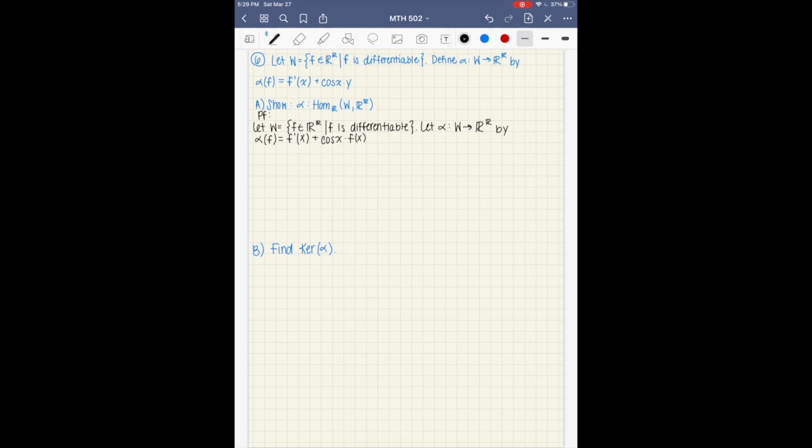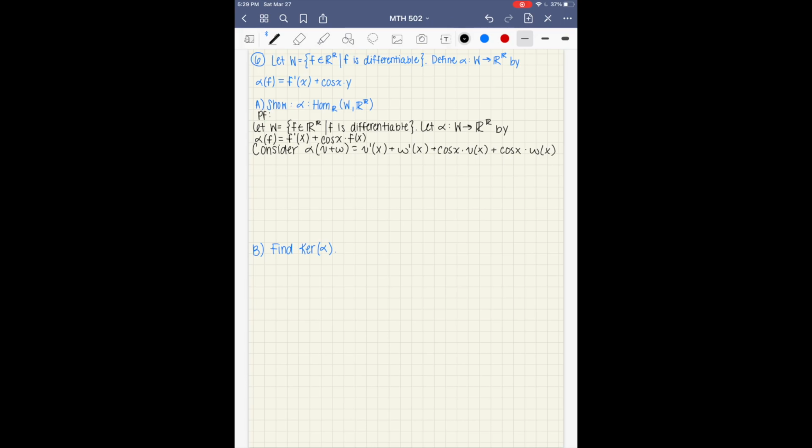So the first thing that we're going to do is consider alpha of v plus w. So if we have alpha of v plus w, we'll have v prime of x plus w prime of x plus cosine x times v of x plus cosine x times w of x.